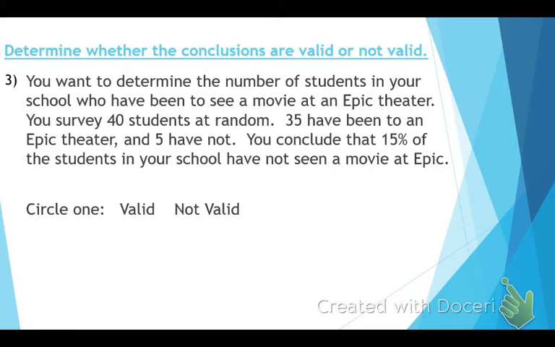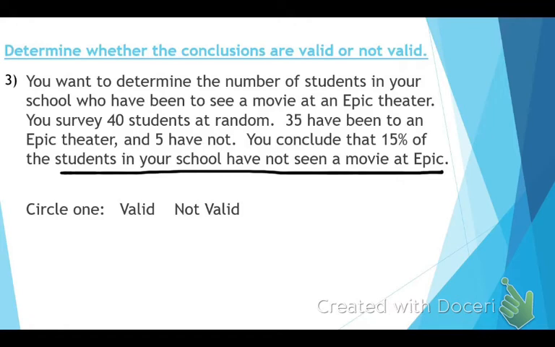You survey 40 students at random. Okay, so we can see this is a good sample. It's large and random. 35 have been to an Epic Theater and 5 have not. You conclude that 15% of the students in your school have not seen a movie at Epic. I want you to take your pencil and underline students in your school have not seen a movie at Epic. That's what I'm trying to focus on right now.